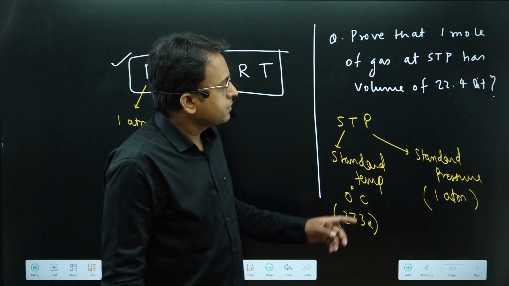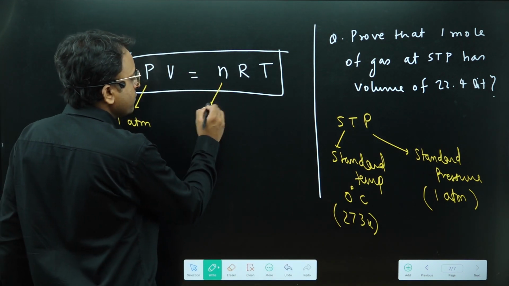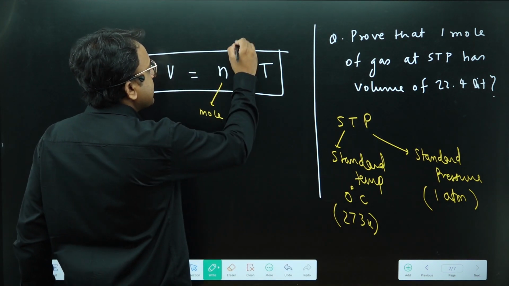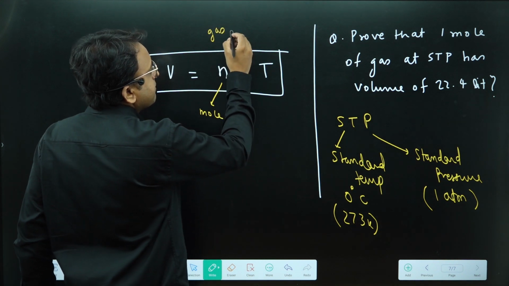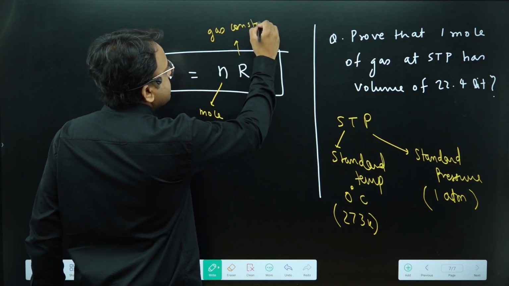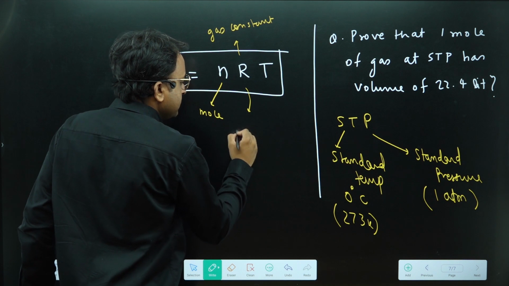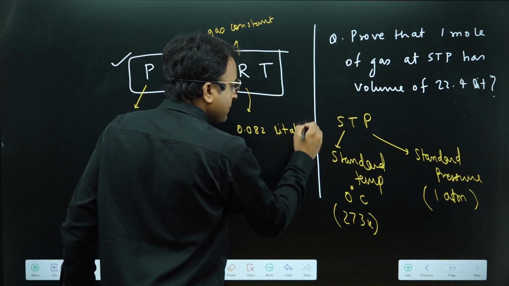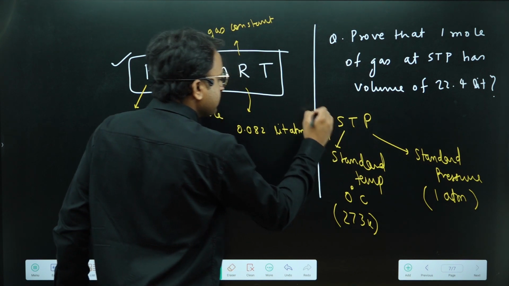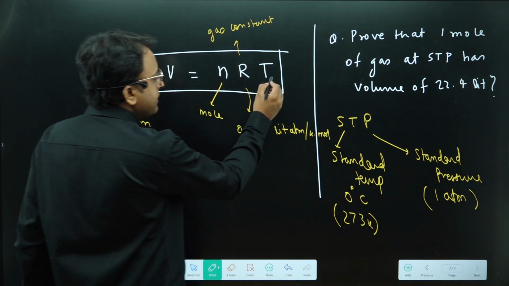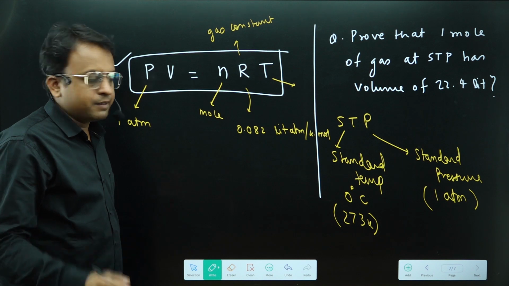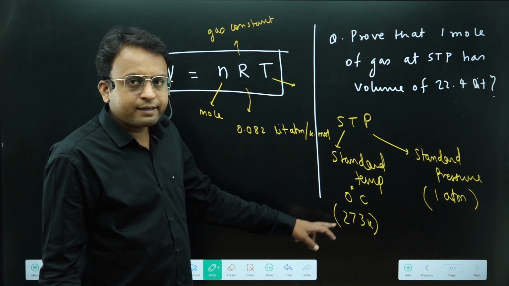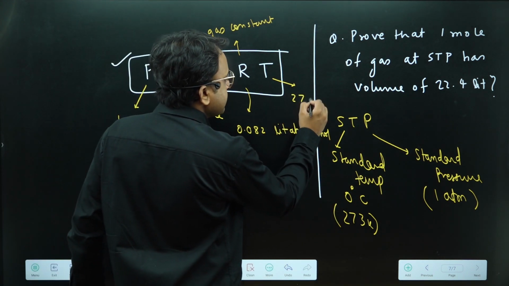We have given moles. This is mole of gas. R is gas constant, and the value of gas constant is fixed, 0.082 liter atmosphere per Kelvin into mole. And temperature, we have to put temperature in Kelvin. Now 0 degree centigrade temperature is 273 Kelvin.